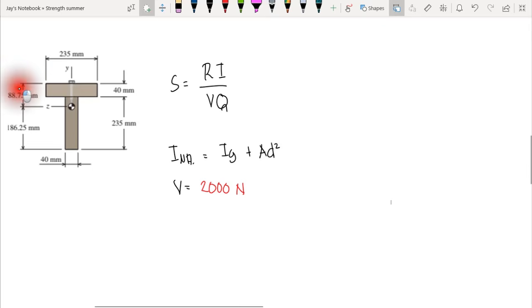That is 88.75 from the top surface, and then we have 186.25 from the bottom surface. Otherwise, you need to compute for the centroid by Varignon's theorem. But since the location of our neutral axis is already given, we can now go directly to the computation of our moment of inertia.